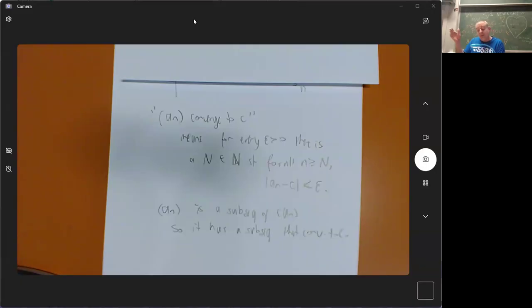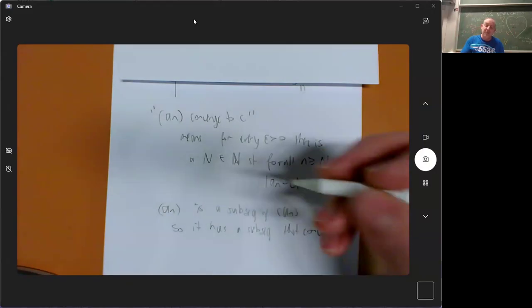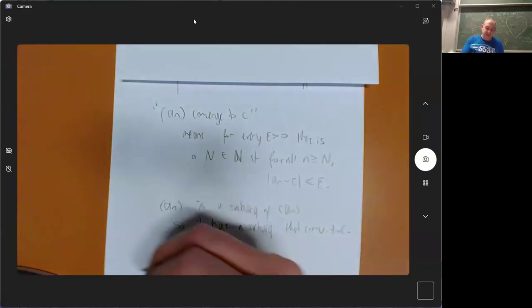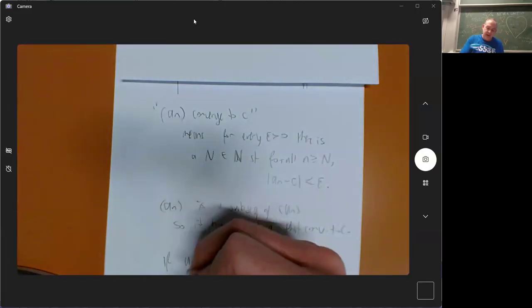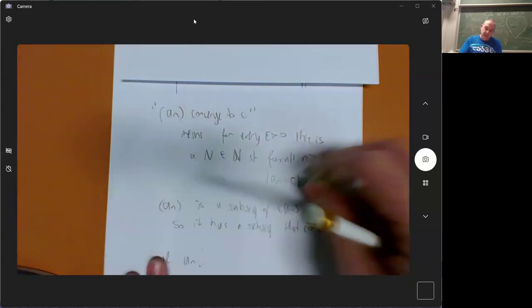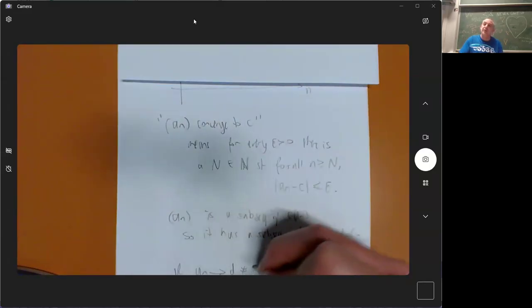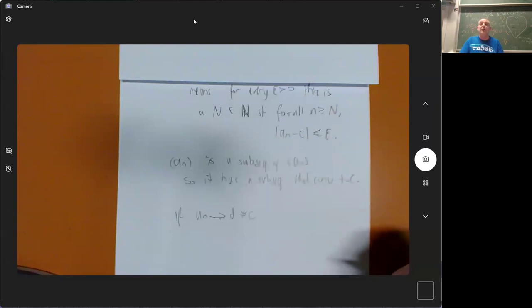But I'll just say, if it converged to something else, then all of its subsequences would converge to something else, right? So if it doesn't converge to C, it can't converge to anything. I'm just spitballing, right? I'm just imagining all of these things. If a_n went to some other number that's not C, then all of its subsequences would converge to D.